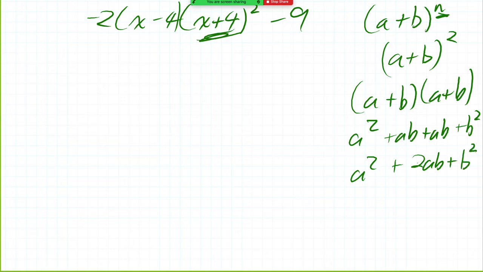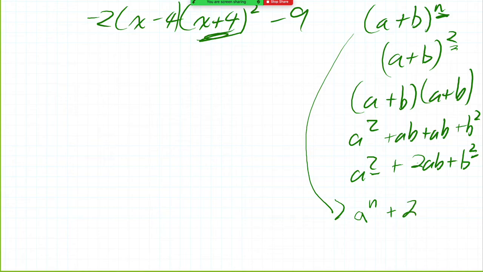So what we have here is the original n value, in other words, the 2. So we could say, when we're using non-specific values, that you get a to the n plus n times a to the n minus 1 times b, and then plus b to the n, okay?